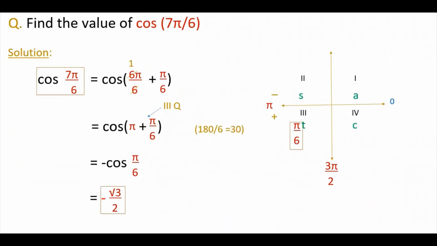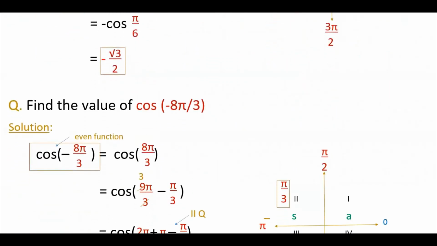So here π + π/6, this is plus, so you have to write π/6 here. So this is in the third quadrant. In the third quadrant only tan and cot are positive, remaining all are negative. But here it is cos, so it is negative. So -cos(π/6). π/6 is 30 degrees. Cos 30 is √3/2, so -√3/2.